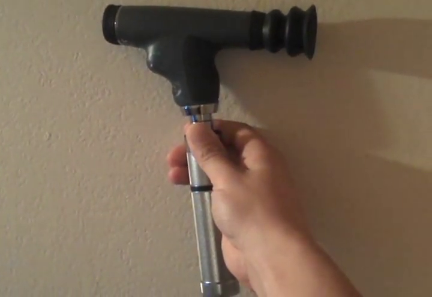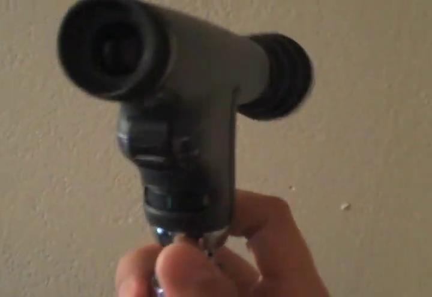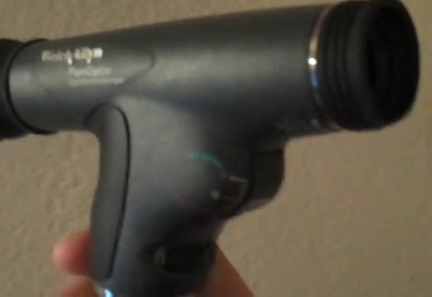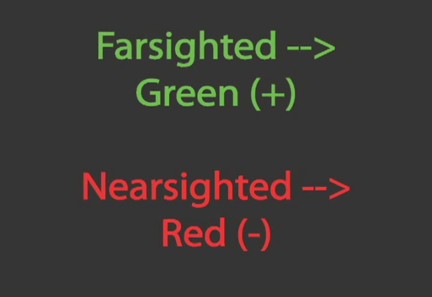Shown here is the panoptic ophthalmoscope. As you can see, in the front there's a wheel controlling the lens size. And you essentially have two options. You can either make the wheel more red or make it more green. And there's really only a couple of things you need to know.